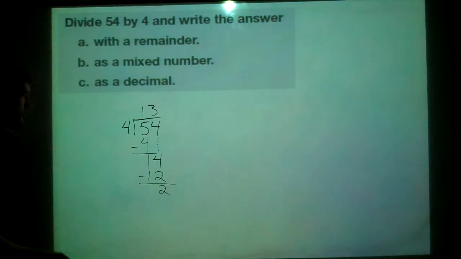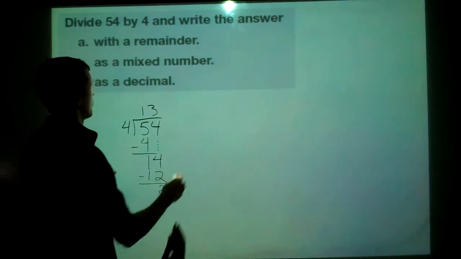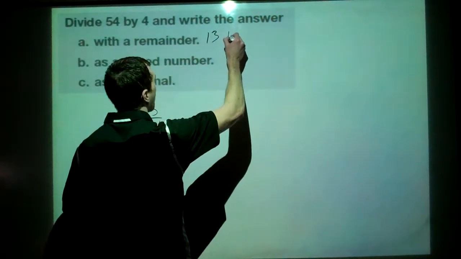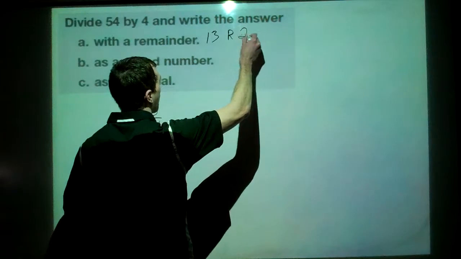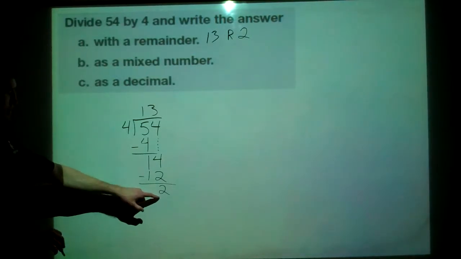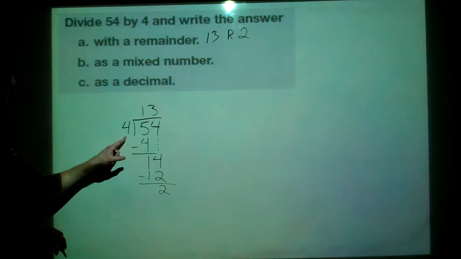Okay? So, one way we could write this with the remainder, 13 remainder 2. So 13 remainder 2 is one way to go. However, we also learned that we could take our remainder and put it over our divisor.